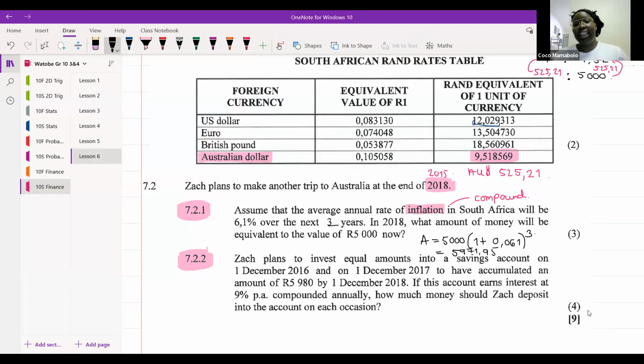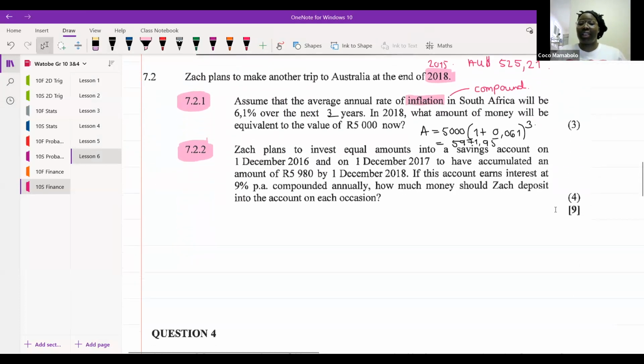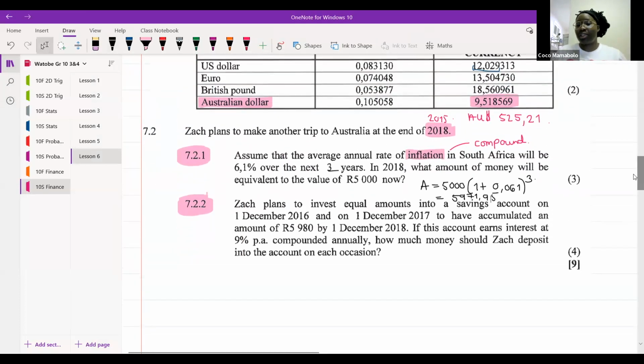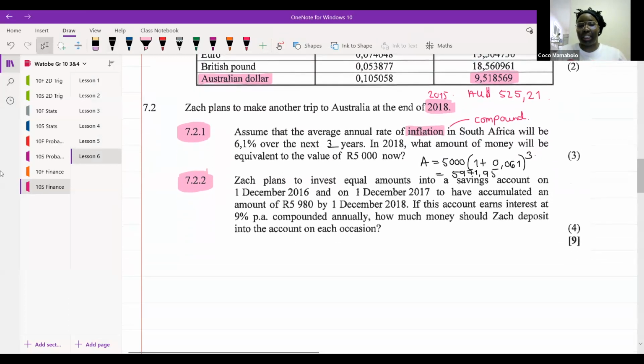Now, let us talk about question 7.2.2, because it's a bit tricky and we want to make sure we're getting it. It says here, Zach plans to invest equal amounts into a savings account on the 1st of December 2016 and on the 1st of December 2017.